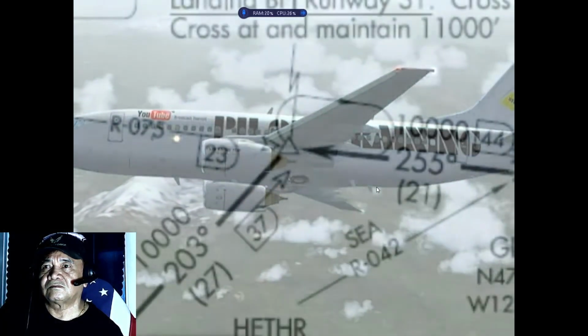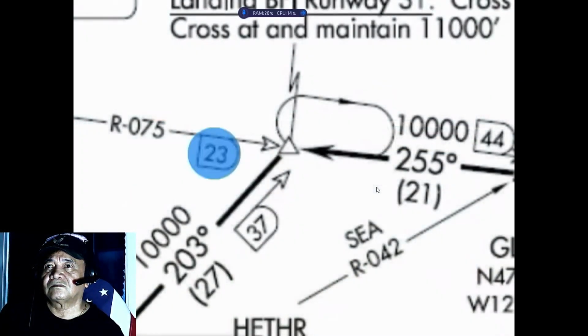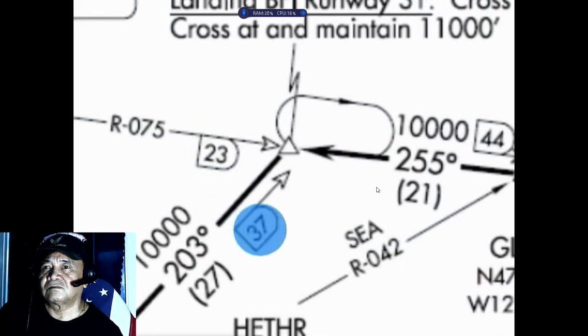We also come across some new terminology at this point in the form of numbers and arrows. We have a 23 and a 37. Jackson is not a VOR, it's a waypoint, intersection, an imaginary point in the sky. What if your aircraft wasn't equipped with an FMC?